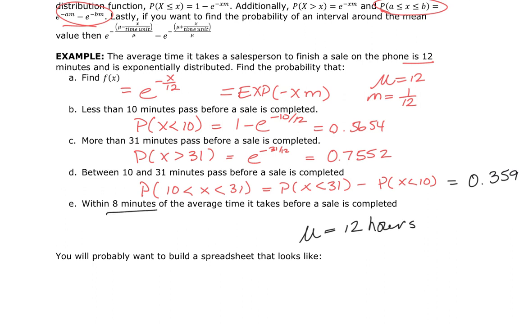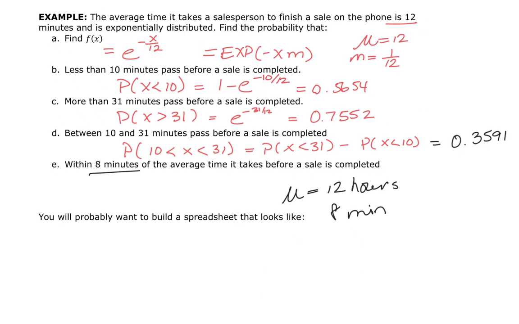And I'm asking to be within 8 minutes of that. Now these aren't the same units. So to convert, I would have said, how do I get from minutes to hours? So that exponent would have been 12 minus 8 divided by, well, there are 60 minutes to an hour. So that time unit is what converts so that I'm talking either all hours or all minutes.